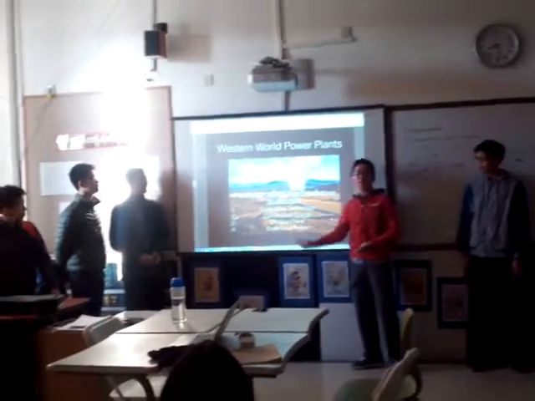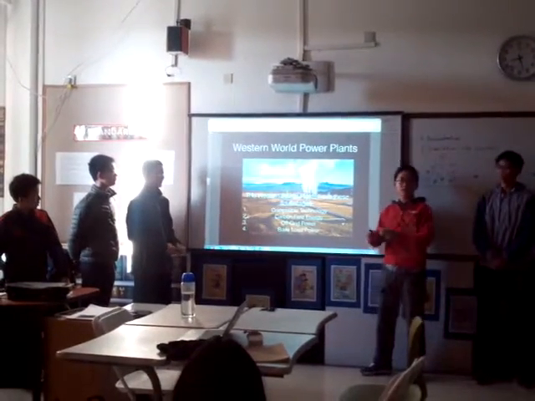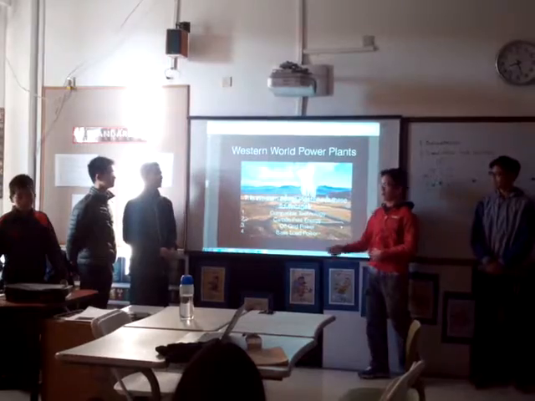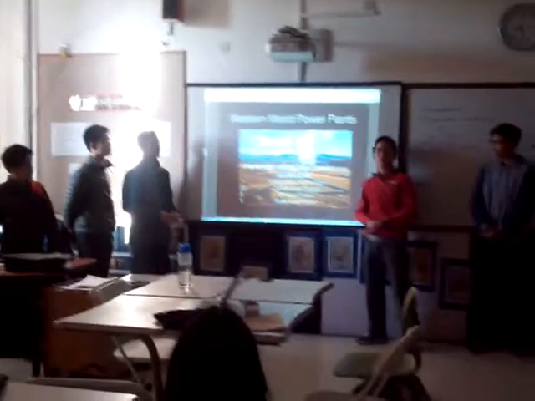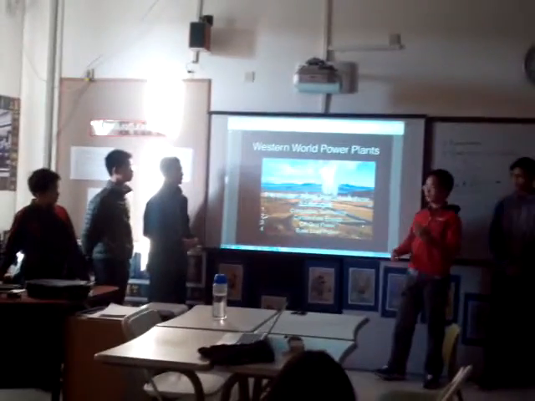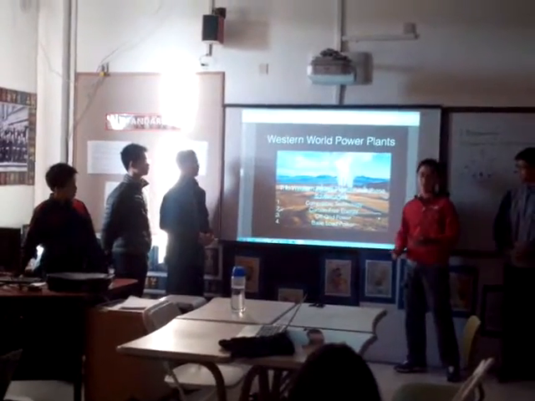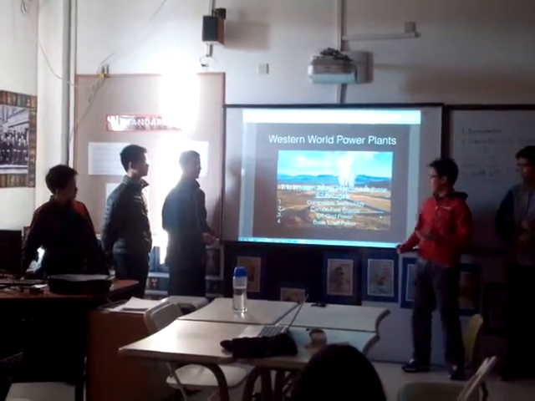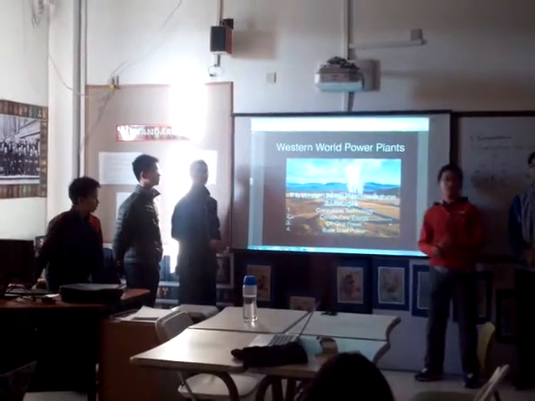And now for the Western power plants, it also mainly uses fossil fuel, but the usage of nuclear power is greater. And there are four advantages. First is compatible technology. Second is carbon-free energy. The third one is off-grid power, and the last one is baseload power.